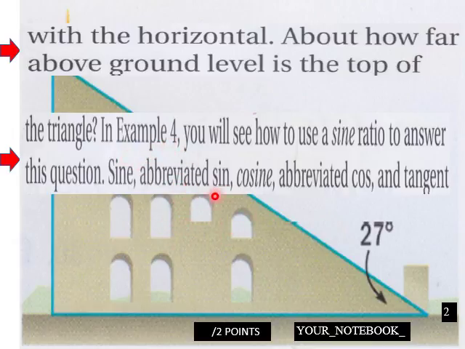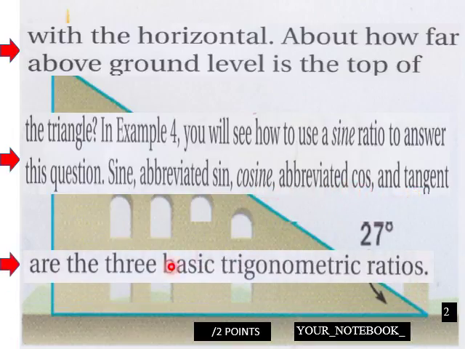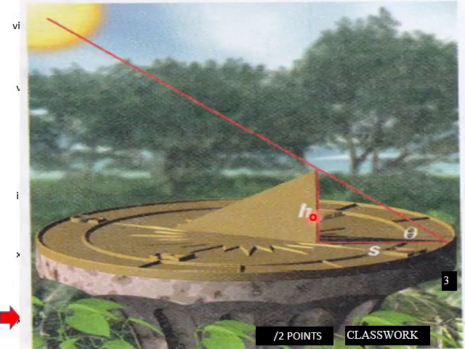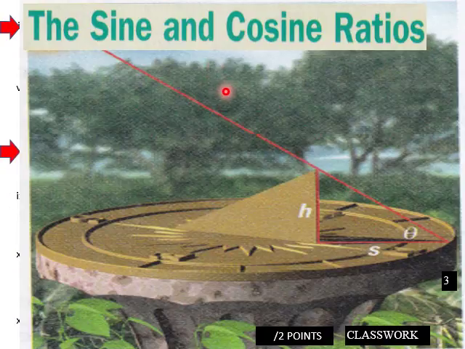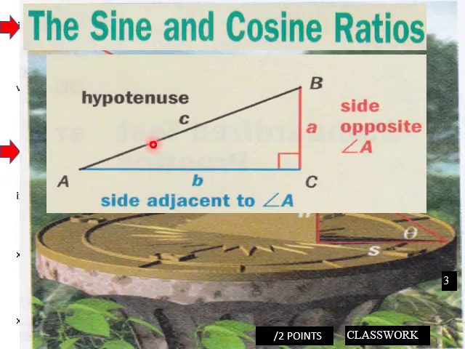Sine is abbreviated sin, cosine is abbreviated cos, and tangent is abbreviated just tan. These are the 3 basic trigonometric ratios: sine, cosine, and tan. Sine and cosine ratios. Here's our triangle.